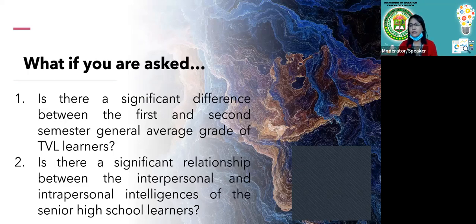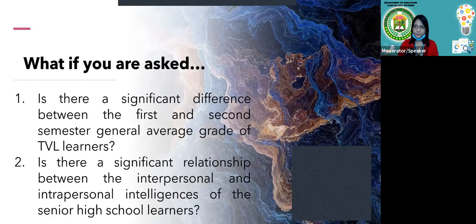Is there a significant relationship between the interpersonal and intrapersonal intelligences of the senior high school learners? Now, do you think for this question it is fitting to use mean? Is it fitting to get the average of each and compare which one is bigger, which one is smaller? There is a different take on how you are going to establish the difference between two variables or see the relationship between two variables.